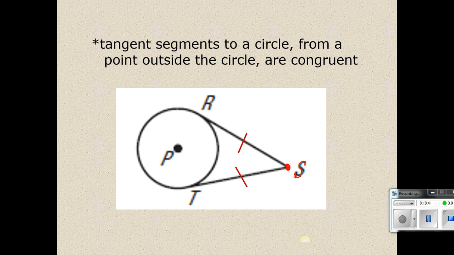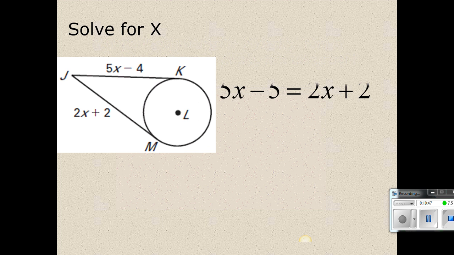This is also going to be helpful when we have to solve for x. I know that these two are tangents that meet at point J, so this segment and this segment are congruent. So I can say 5x minus 4 is equal to 2x plus 2.